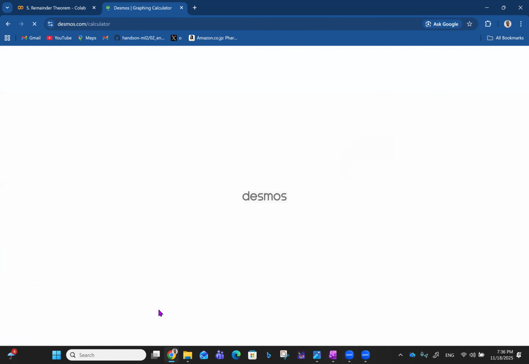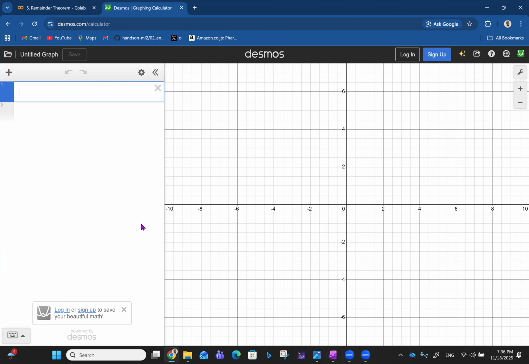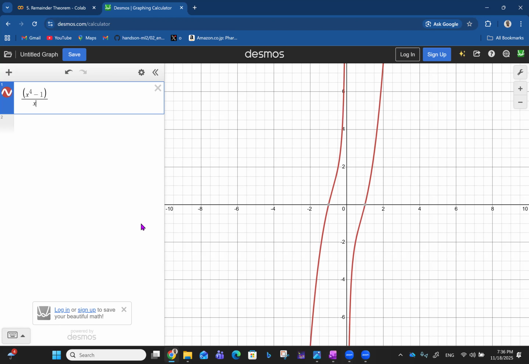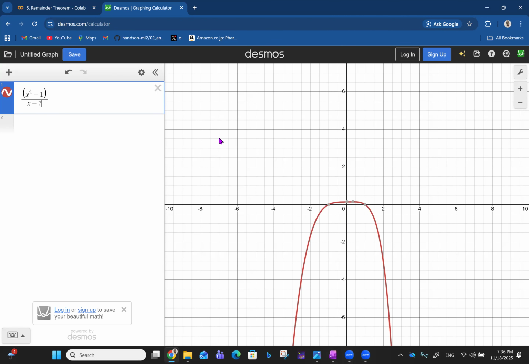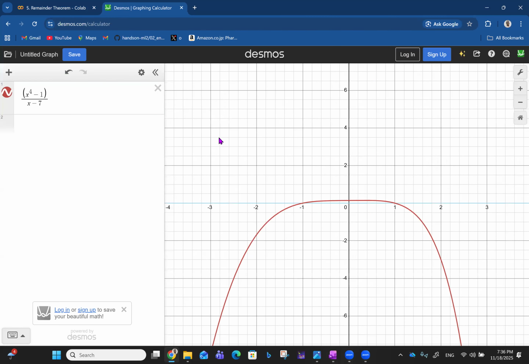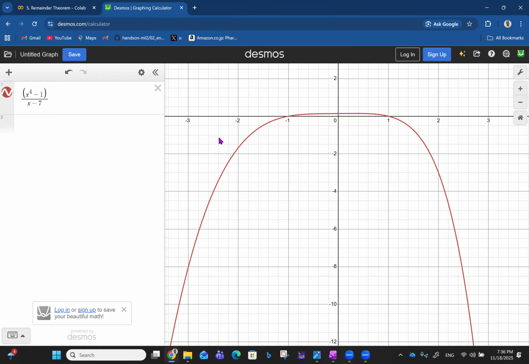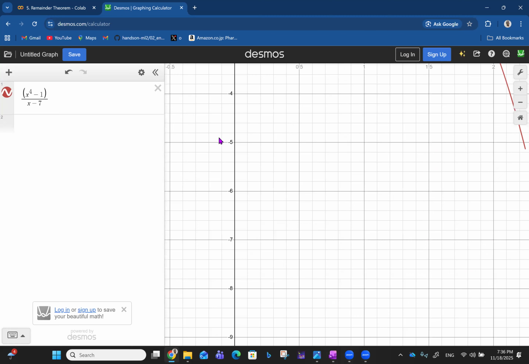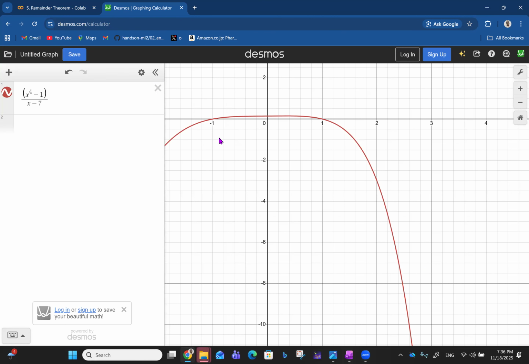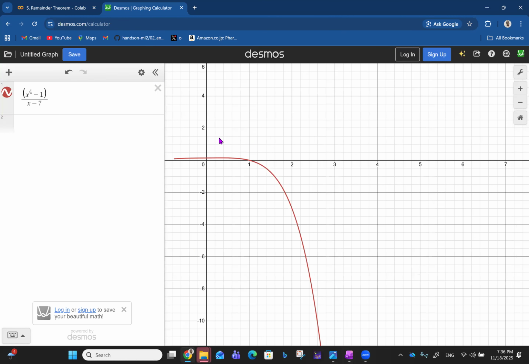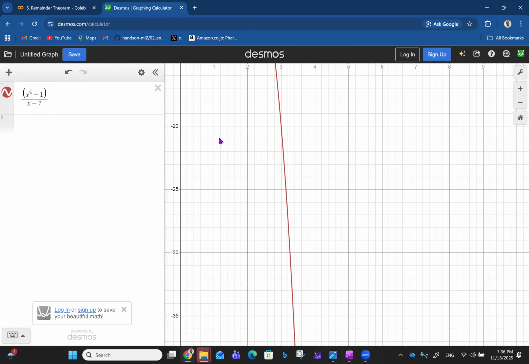Here I need x raised to the power 4 minus 1 divided by x minus 7. So you see what's happening here. Check at x equals 7, there must be something happening there.